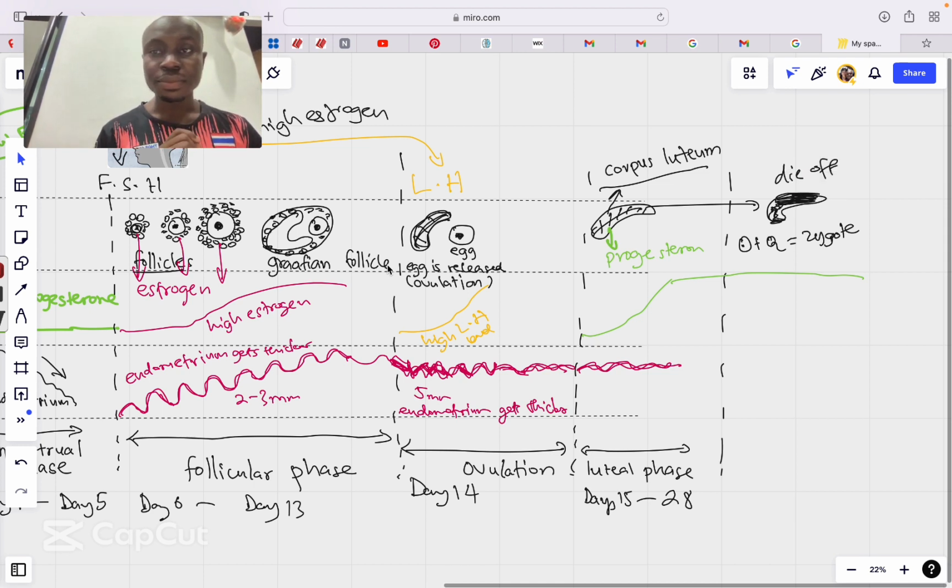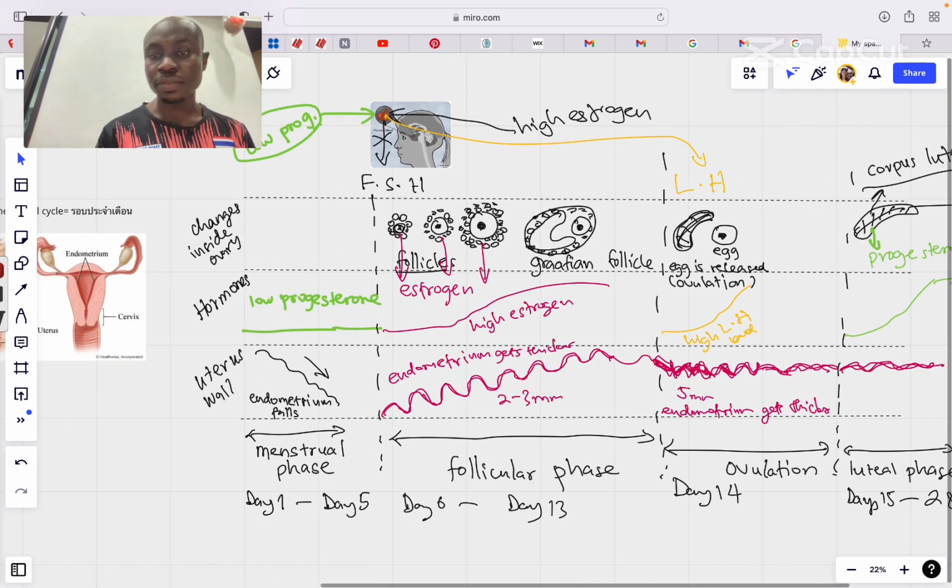No. So what will happen to the progesterone level? It's going to start to fall again, just like we saw here. So we start from the first step again with low progesterone level, and the endometrium will fall again, and everything will start again. So this is the menstrual cycle.